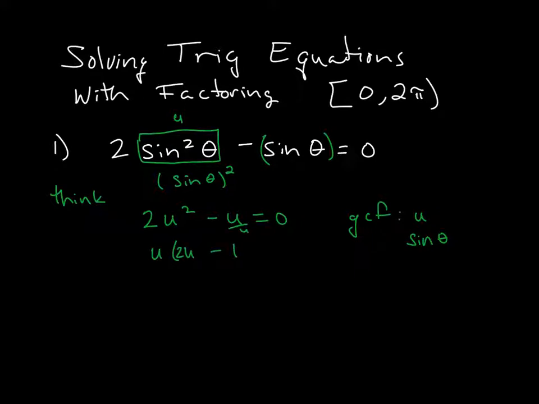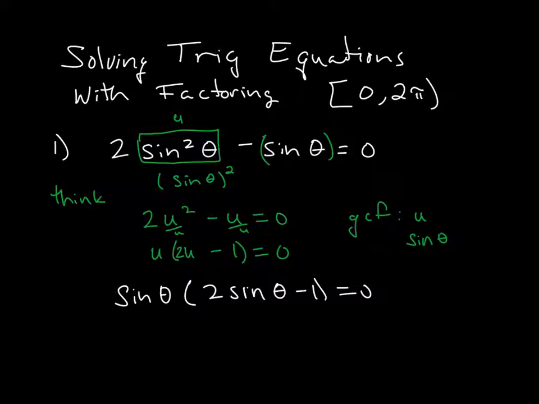Remember, you have to put that 1 there. What you're doing when you're factoring out a GCF is dividing by those, and this is equal to 0. To rewrite this in terms of my sine function, that means I have the sine of theta times 2 sine of theta minus 1 is equal to 0.